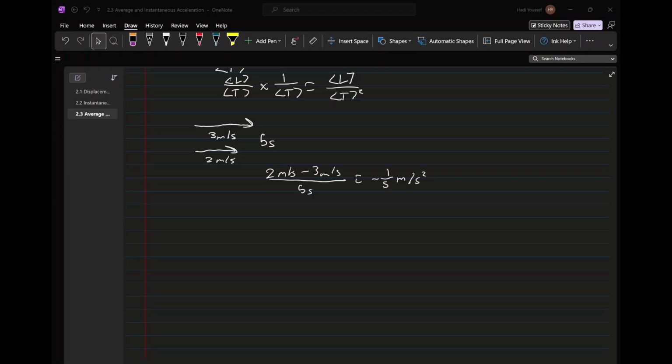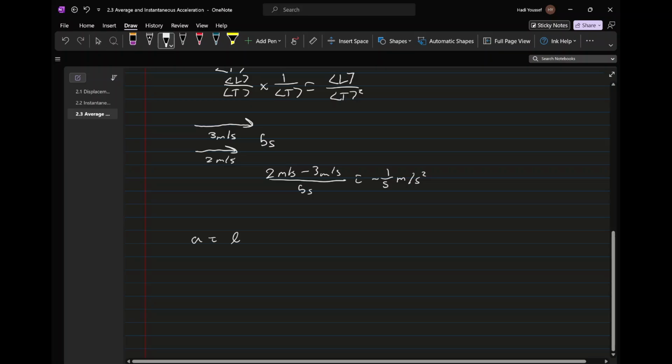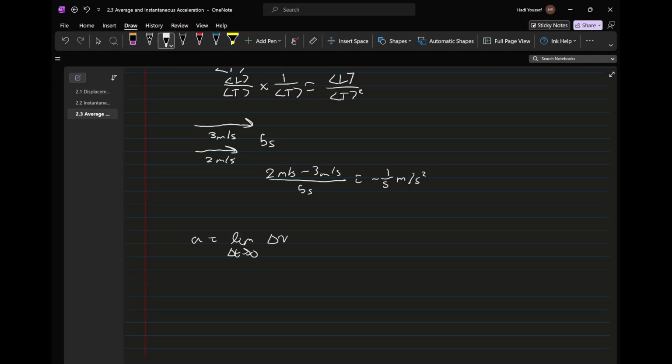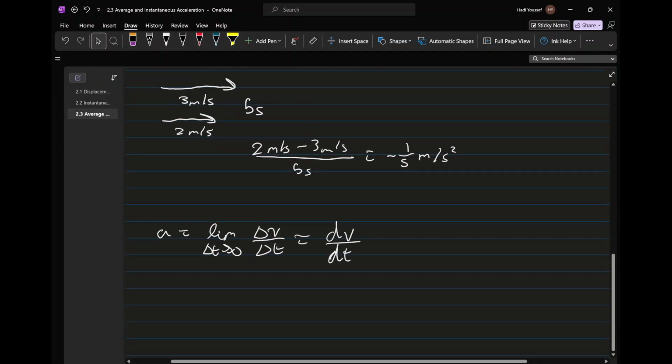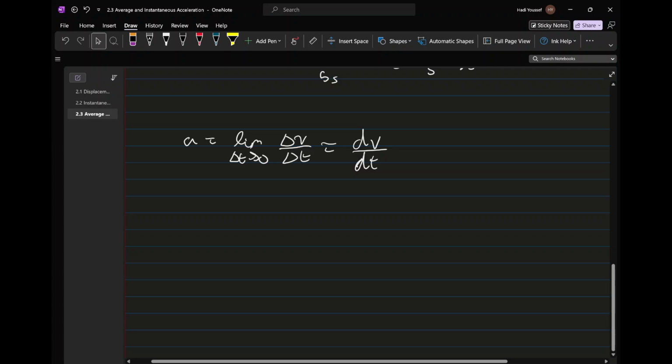So, the definition of instantaneous acceleration is the limit as the change in time approaches 0 of the change in velocity over the change in time, which we can call dv, a very small velocity over a very small time. Because as time approaches 0, both the changes will be extremely minimal.